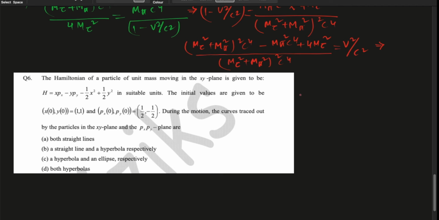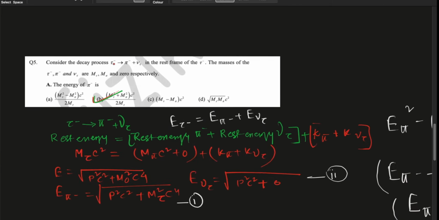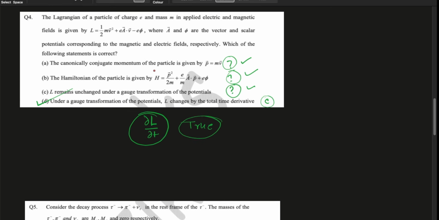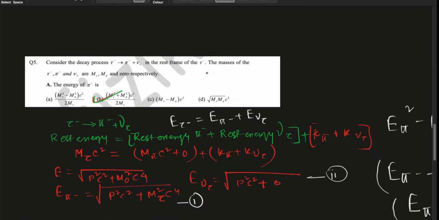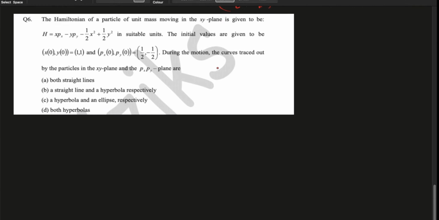Okay, so the equation, what we know, like in the previous problem, we have seen this formula, right? q dot equal to dH by dp i, and p dot equal to minus dH by dq i, there is a minus sign when we are finding p dot.